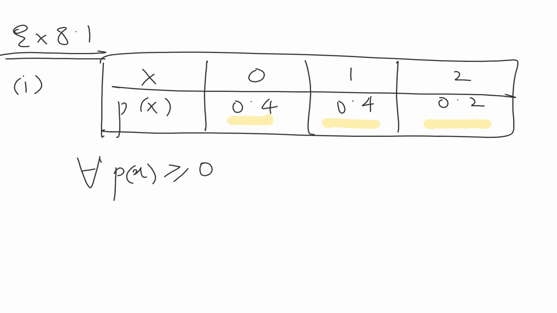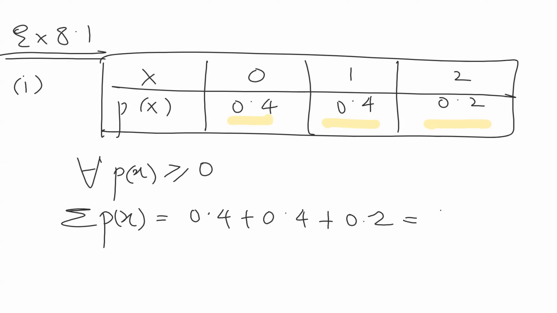Then we'll also calculate the sum of all probabilities: 0.4, 0.4, 0.1, 0.2, which is equal to 1. So both the criteria are fulfilled. So this is a probability distribution. Even if you don't mention discrete, it's okay. Probability distribution can also be called probability distribution function or probability mass function.